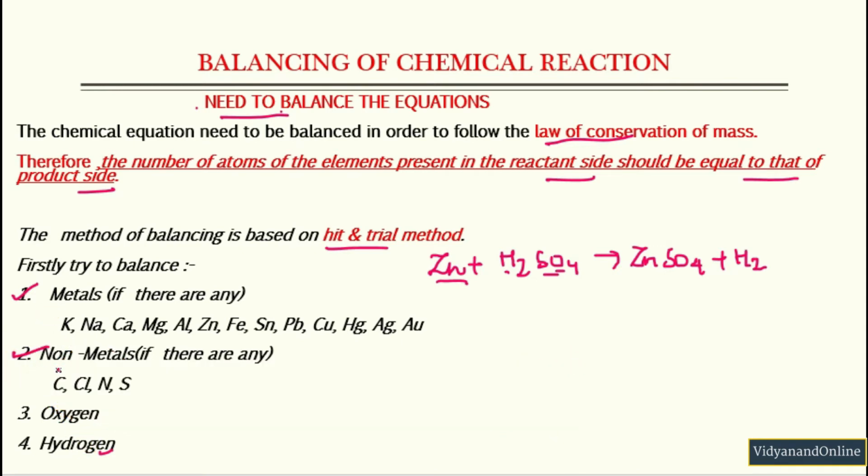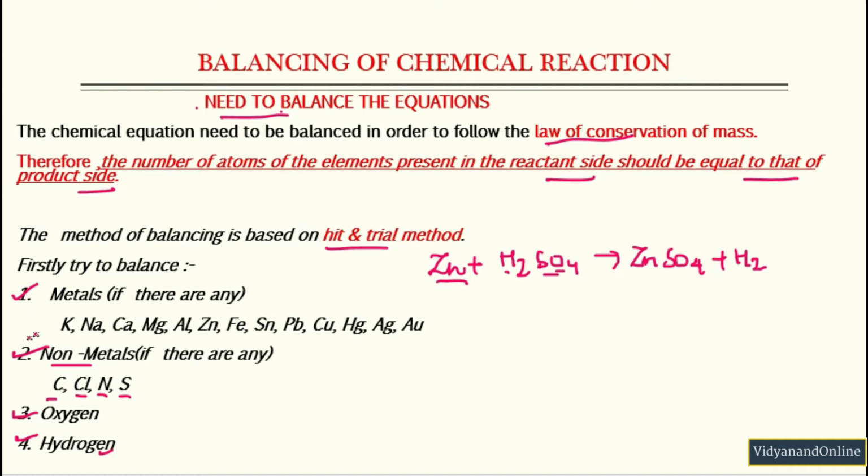Next, look for the non-metals if there are any. Non-metals like carbon, chlorine, nitrogen and sulfur are very much there in equations many a time. Next, look for the oxygen in the reaction. Lastly, try to find out whether the hydrogen is balanced or not.